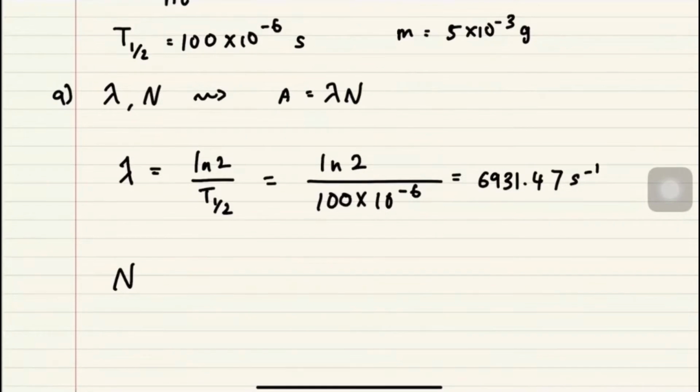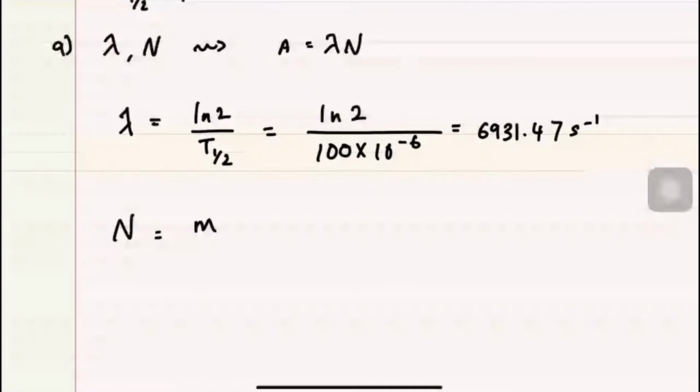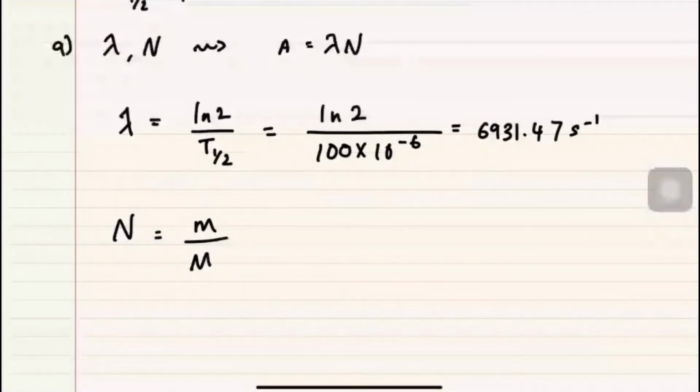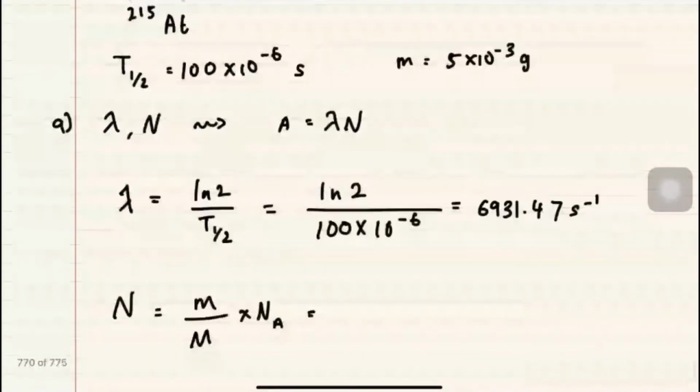So N is equals to mass divided by molar mass. You will get numbers of mole. Okay, and then you have to multiply with Avogadro's number so that you can get numbers of nuclei, which is equal to numbers of atoms. So N is equals to mass is 5 times 10 to the negative 3.